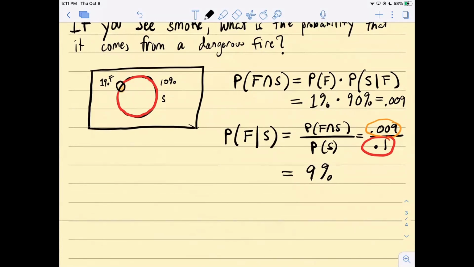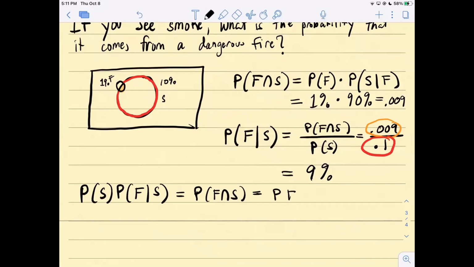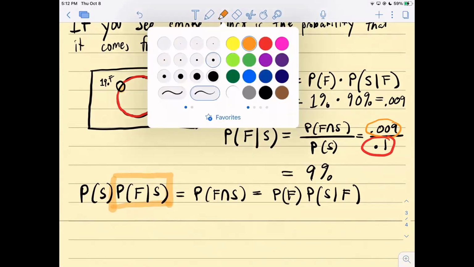And so the formula that we're really using here is the following. Probability of S times probability of F given S is equal to probability of F and S, which is equal to probability of F times probability of S given F. So this formula allows you to solve for one of the conditionals given the information about the other.